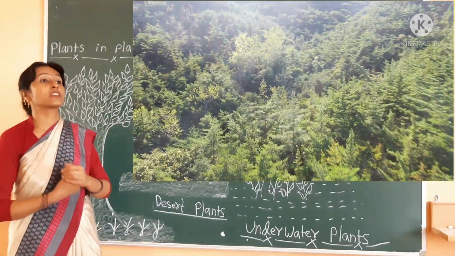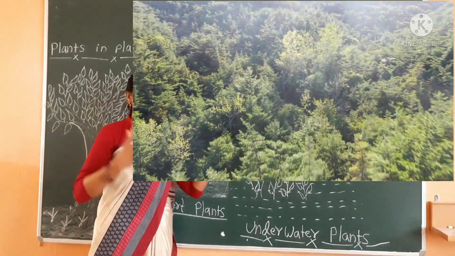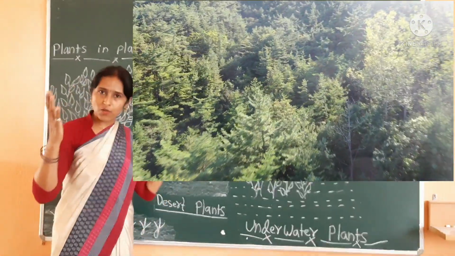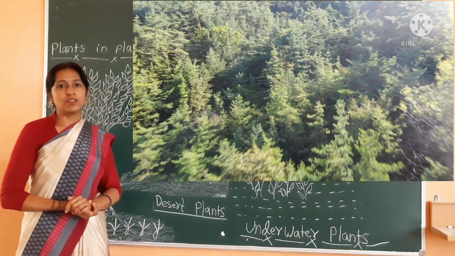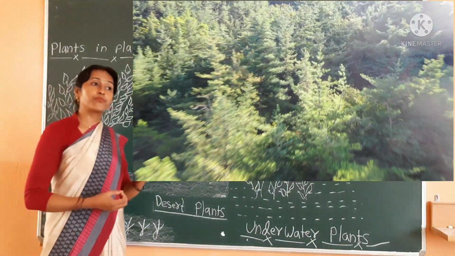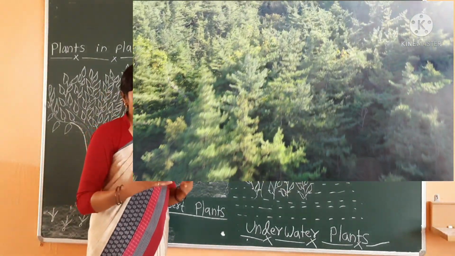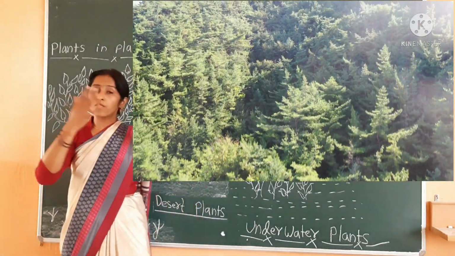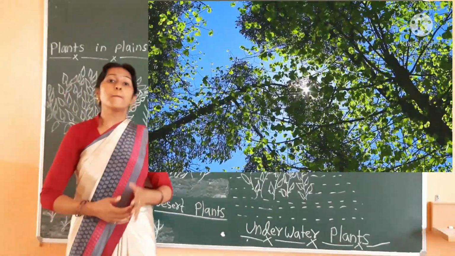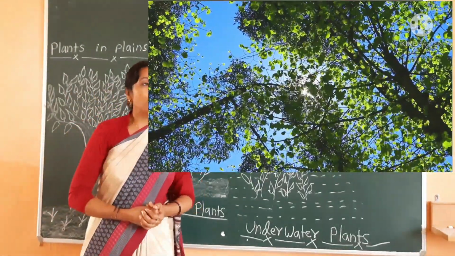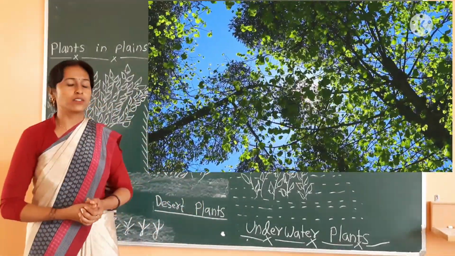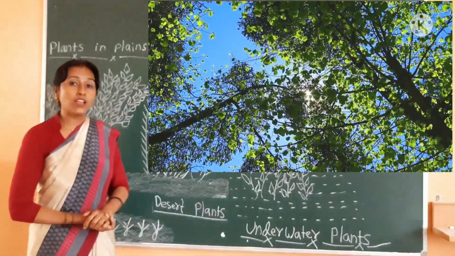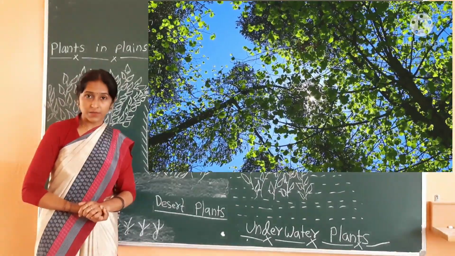Because they receive high rainfall, they have plenty of water, so they have lots of leaves, and they are known as evergreen forest. Their leaves always grow and stay green in color, so they are known as evergreen forest.